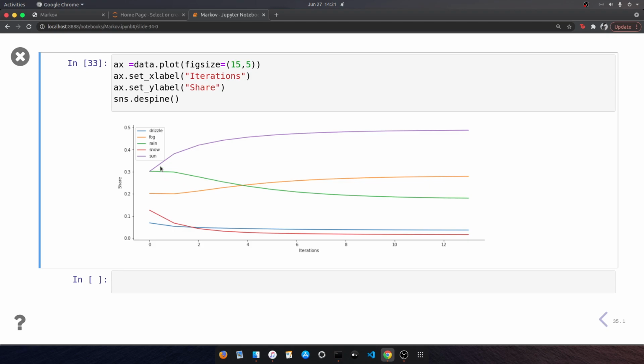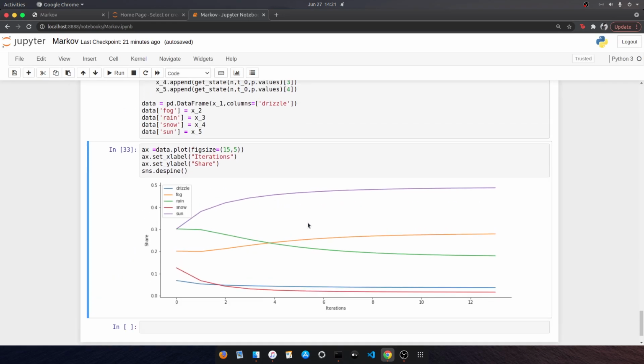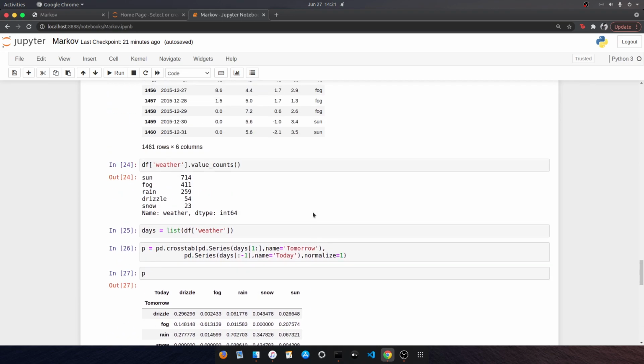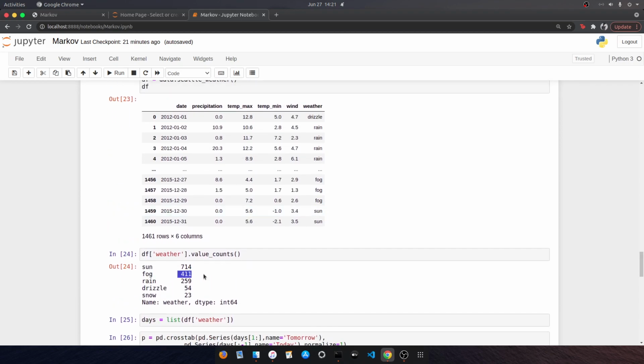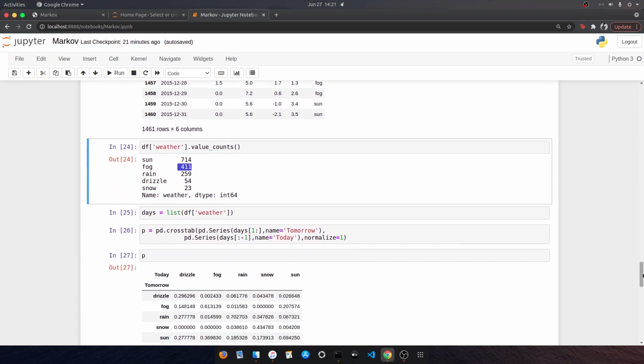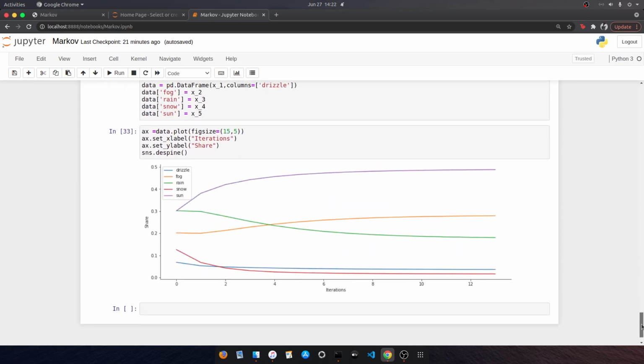The interesting part here is that initially rain has a higher probability than fog, but as time goes by, it seems that fog has a higher probability than rain, because if we go back to the count data that we have here, fog has a significant number of records compared to rain. So yeah, I think that's it for the introduction to Markov.